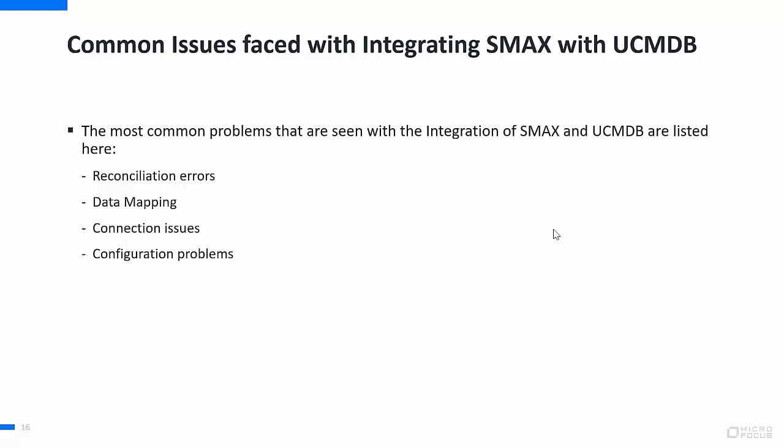If we look at reconciliation, data in SMAX can sometimes get merged, whereas in UCMDB they are separate. The engine that SMAX uses is a little bit more simplified compared to the engine that UCMDB uses for doing reconciliation.